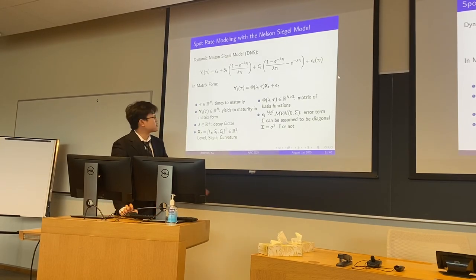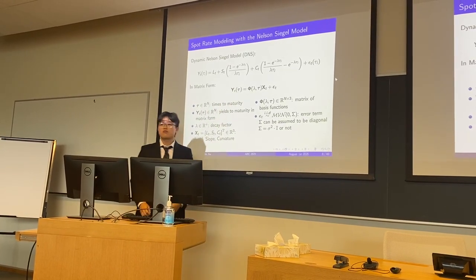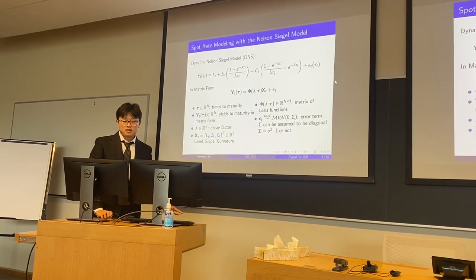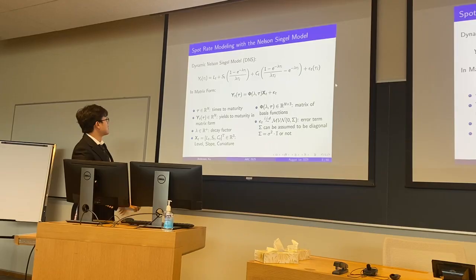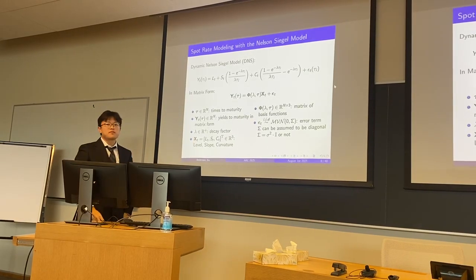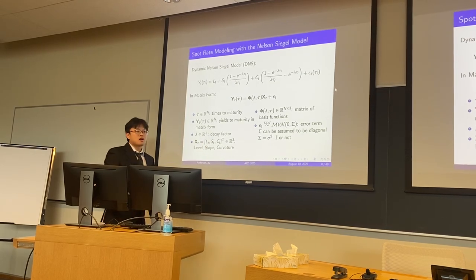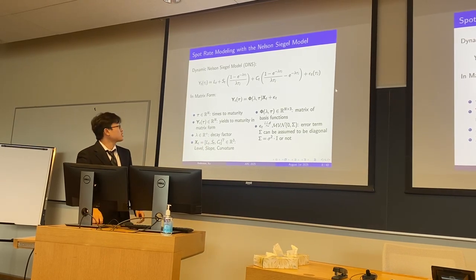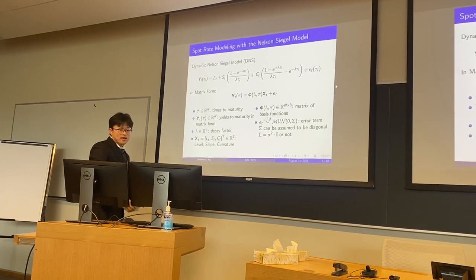We have different terms here, for example lambda and tau. Tau represents the time to maturity, like 1 month, 3 months. Lambda is a tuning parameter. The terms inside the brackets are all known, so we can fit a regression to get the level, slope, and curvature.